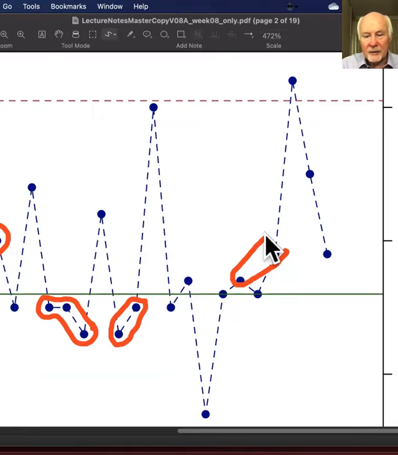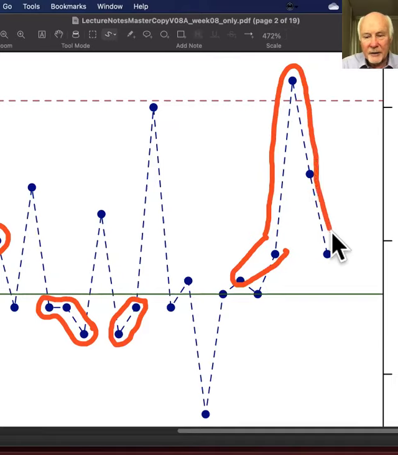Then we've got another point above the line there. So now we've got 3 points in our run, and then we've got another one which is 4, and then we've got 5. So that's a run of 5 points there, with 2 points on the control line that are ignored. Now that's the bit that confuses people, is what you do about the points that are on the line.